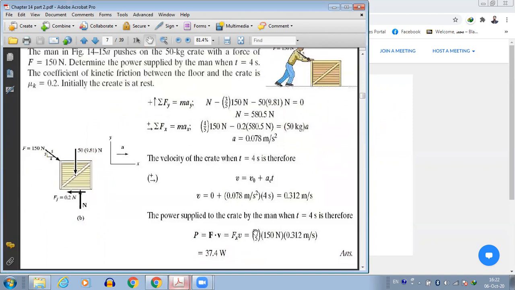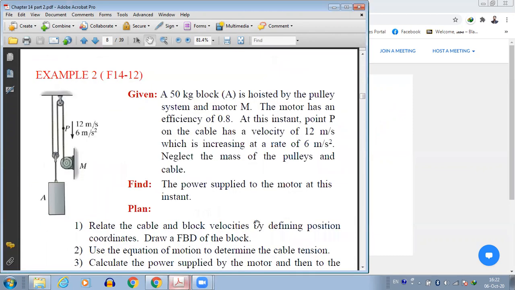So let's move ahead. Okay, let's have another problem. We have a 50 kg block A, hoisted by the pulley system and the motor. The motor has an efficiency of 0.8.